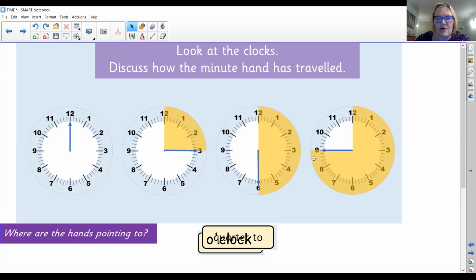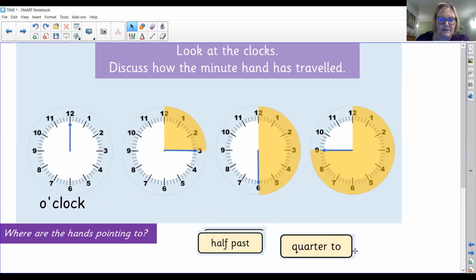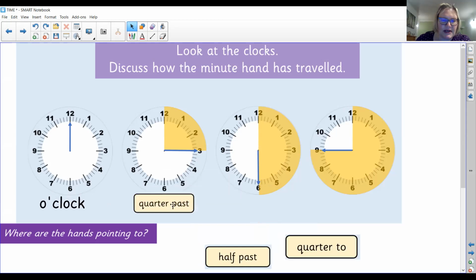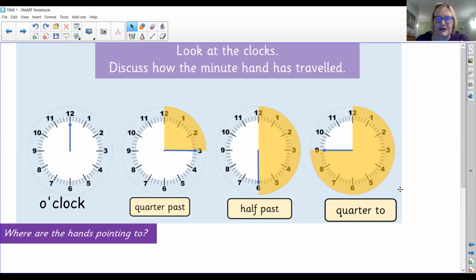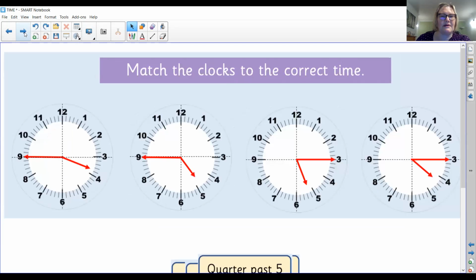So we say that it's quarter to the next hour. So this one is o'clock. The second one is 1/4 the hour. Then we've got 1/2 the hour, and then quarter to the next hour. And then it does it all over again. Okay, does that make sense?